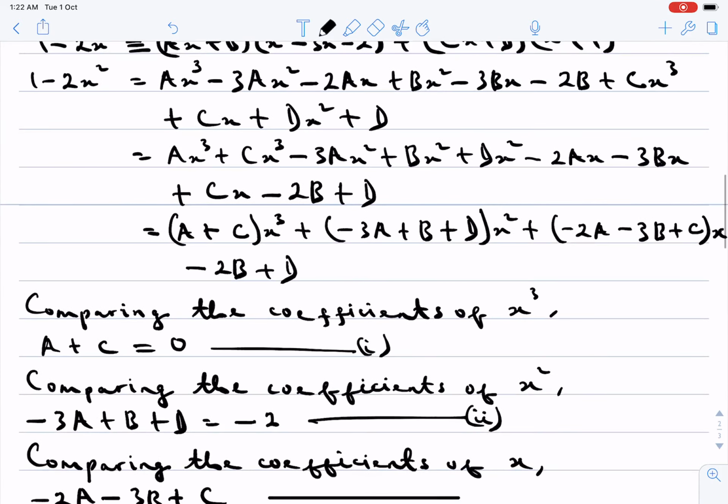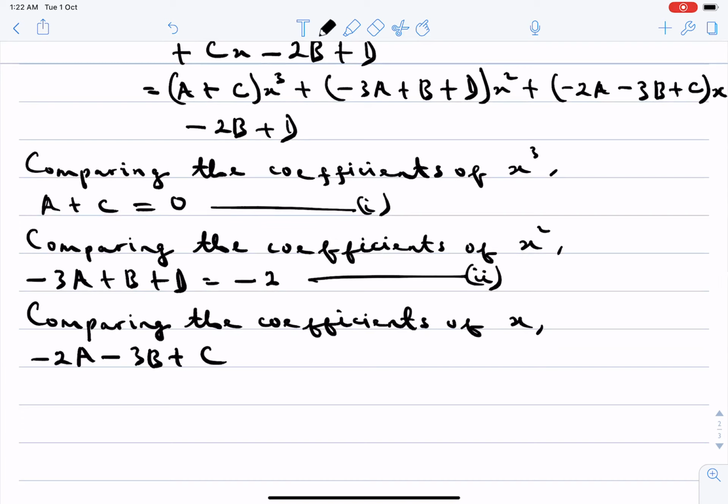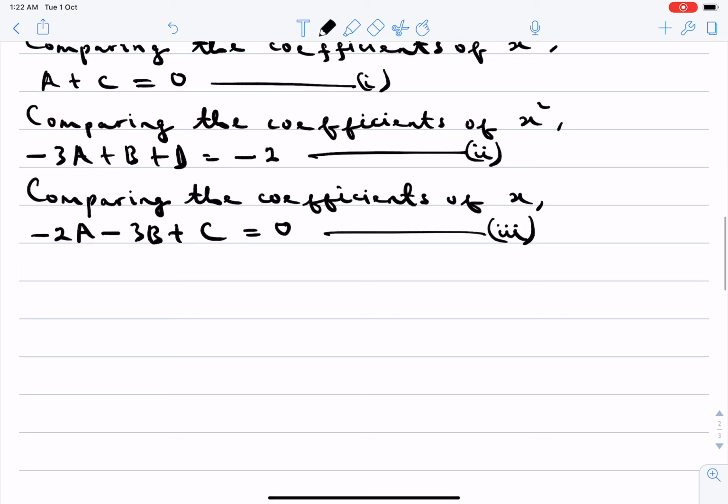And on the left hand side, there's no x term. That means its coefficient is 0. So minus 2a minus 3b plus c is equivalent to 0, which is equation 3.